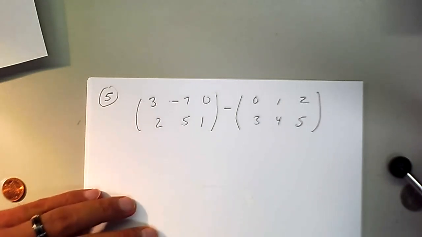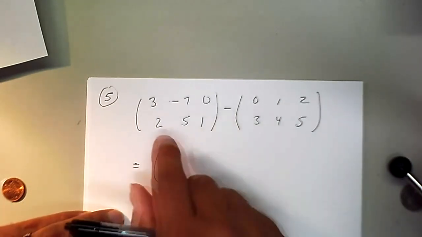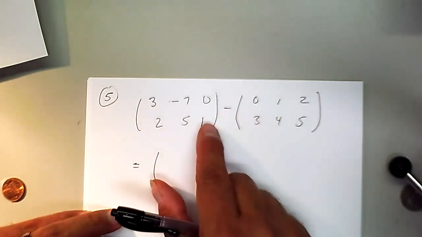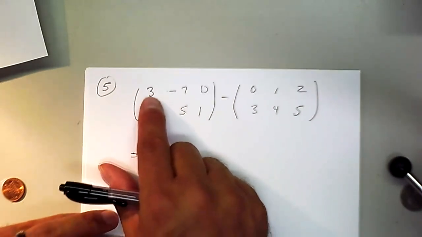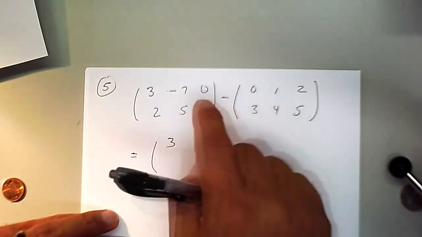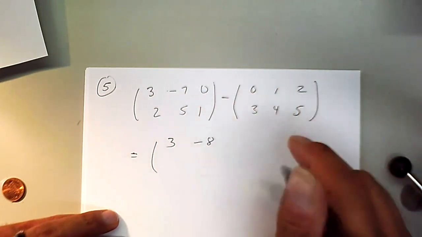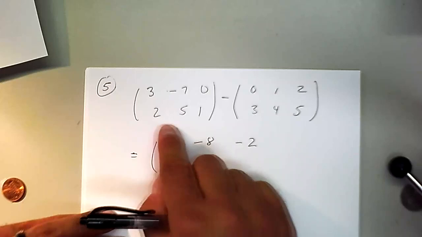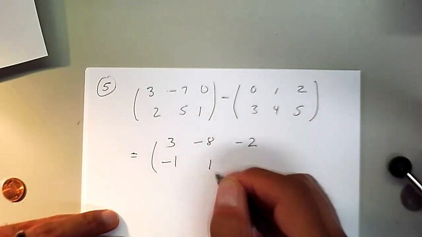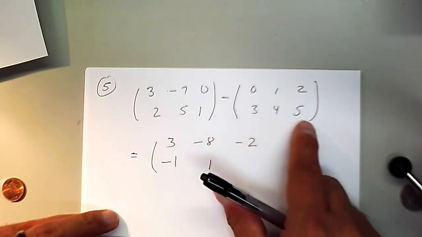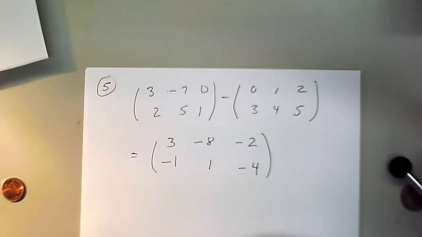There, that looks a little better. And as you can probably tell, what's going to happen is that we're going to subtract corresponding coefficients or coordinates, entries. So 3 minus 0, 3, -7 minus 1, -8, 0 minus 2, -2, 2 minus 3, -1, 5 minus 4, +1, 1 minus 5, -4. And there it is.